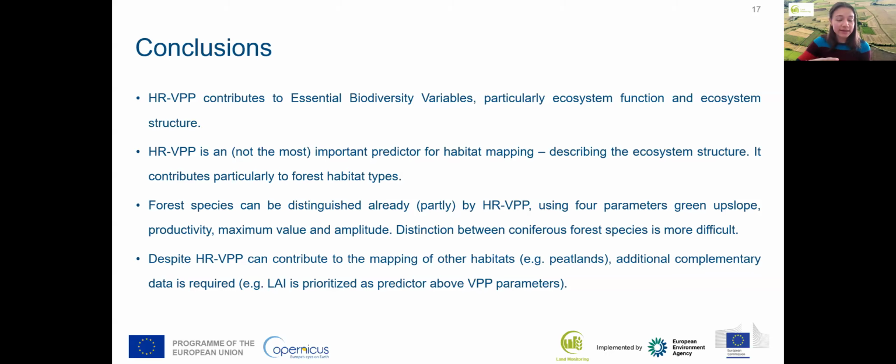And our analysis also shows that forest species can be distinguished from each other based on certain important HR-VPPs, which were shown to be, most importantly, the green upslope, the total productivity, the maximum value, and the amplitudes. It's a bit more difficult to make that distinction between coniferous forest species, but it has a big potential for tree species in general. Now, for peatland types, and maybe also quite some other habitat types, we see that it is more difficult to depend only on these HR-VPPs.